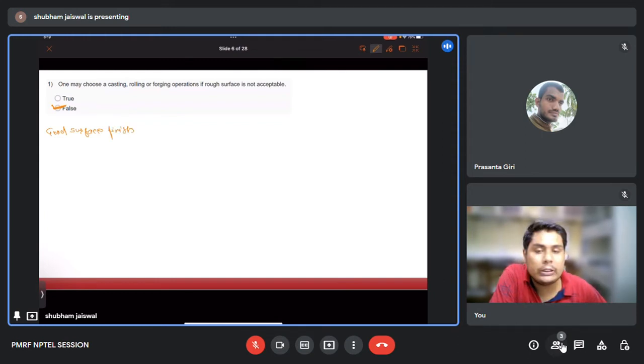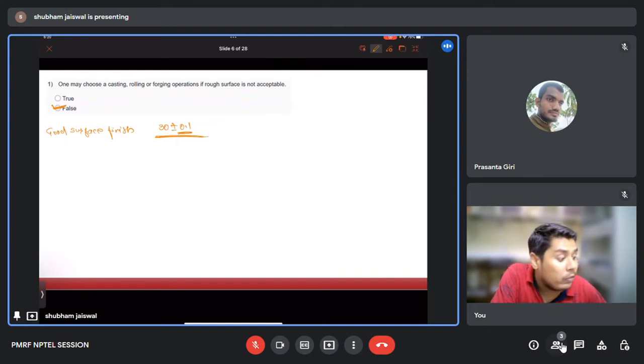But if we consider casting, rolling or forging, suppose I have a 30 plus minus 0.1 sample diameter or product dimension, so only this much accuracy, 0.1 accuracy, I am getting.